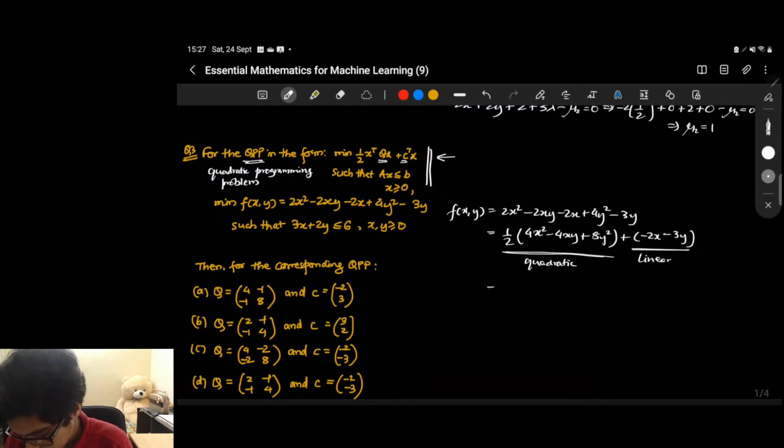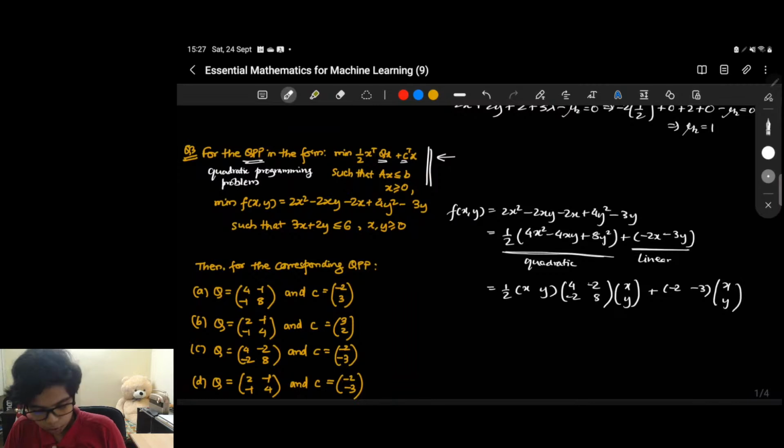So let us just now write it. So now we are putting it in the matrix form. So you see that this linear term we have written in the matrix form like this.